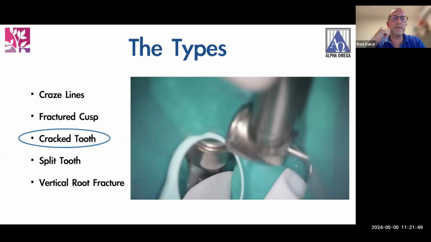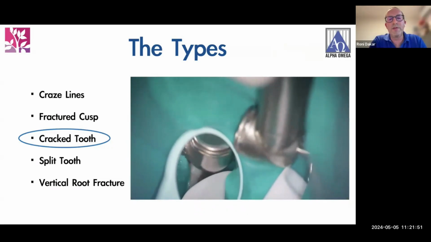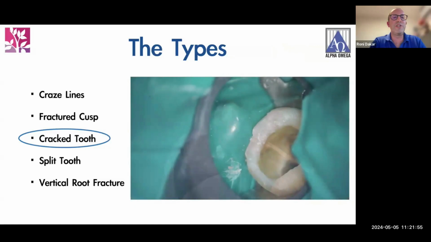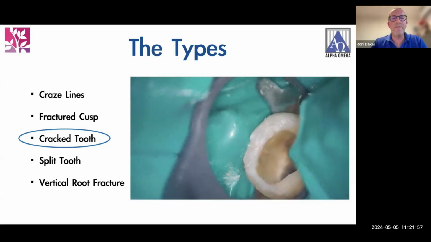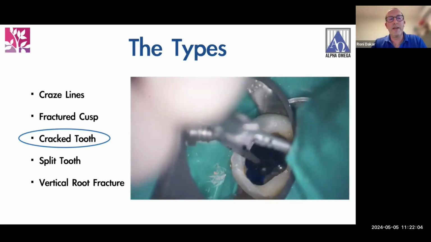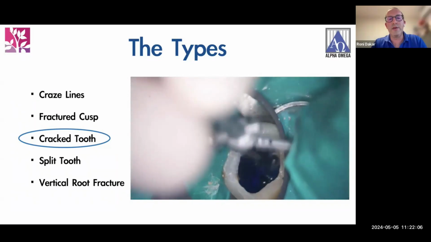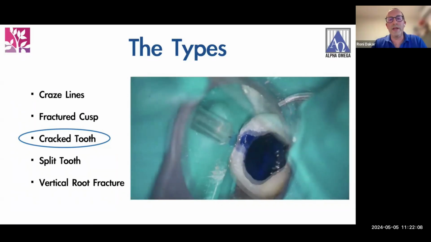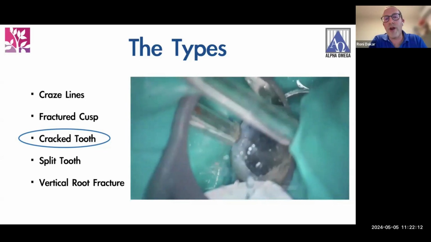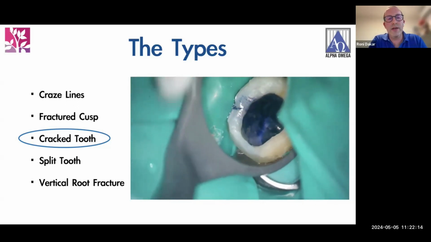So I will focus on the cracked tooth because these are the main teeth for which questions arise, both in terms of diagnosis, treatment methods, and long-term prognosis. In the video running in the background, you see a tooth that has already been treated before, and when I came to retreat it, I saw a crack, a coronal crack.